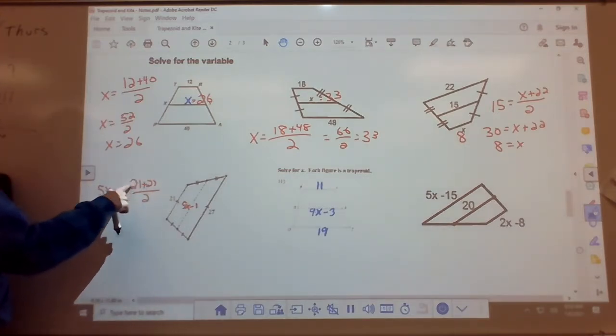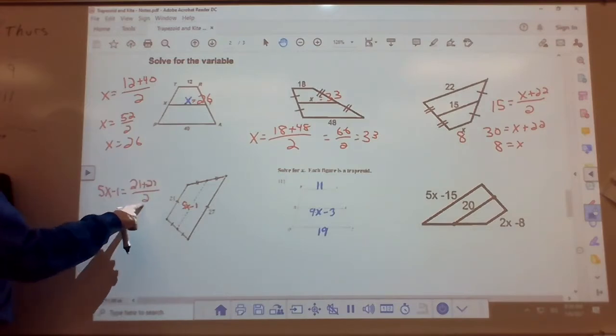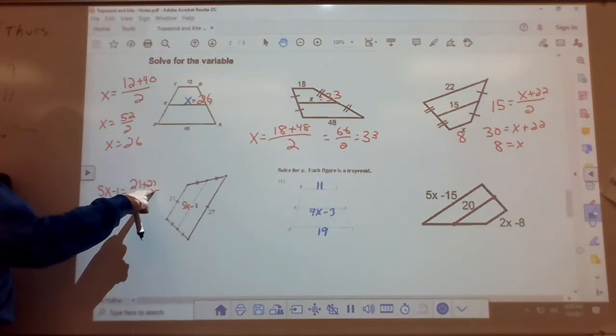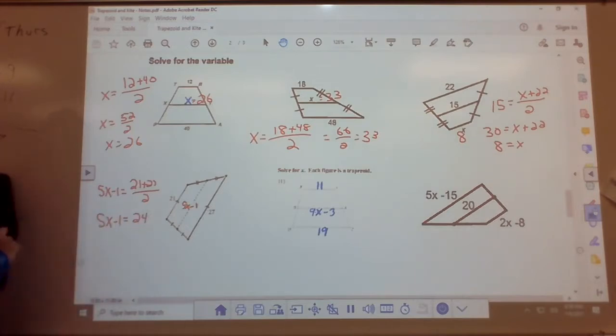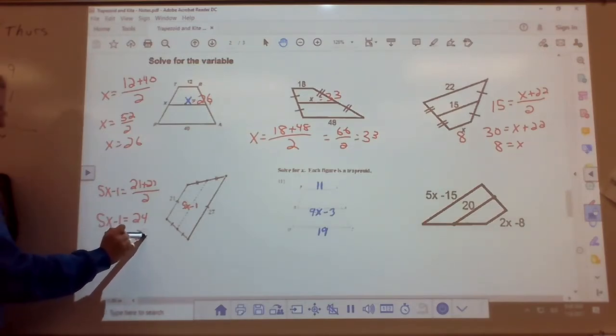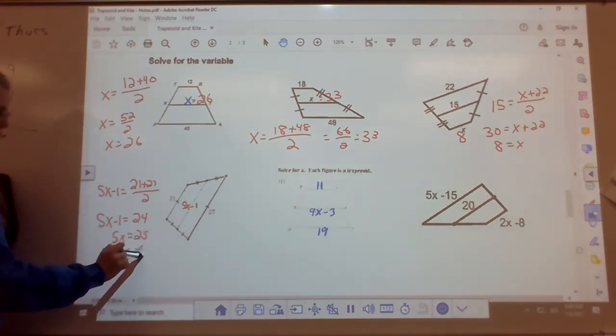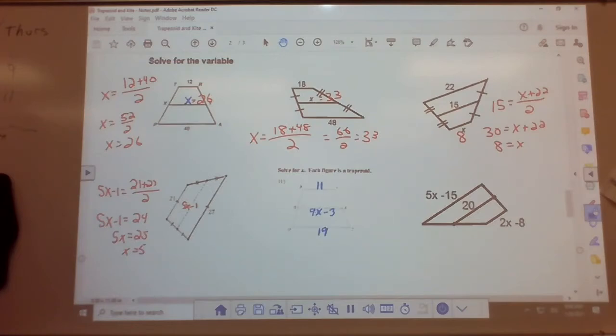Now, all of this over here I can go ahead and do because this is just numbers. So 21 plus 27 is 48. 48 divided by 2 is 24. So I can do that. So I get 24 there. Add the 1. 25. x equals 5. So x was 5.